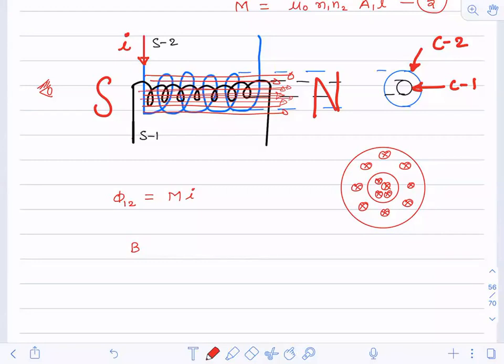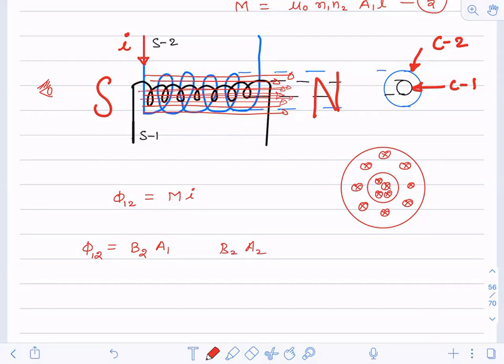What is the magnetic flux through 1? What is the flux through 1? Yes, flux through 1 due to 2. What will you write? Magnetic field into area of one, or will you write it like this?